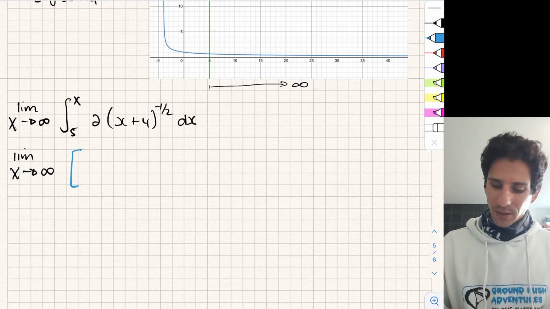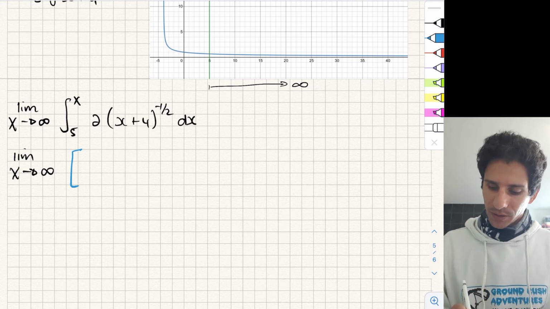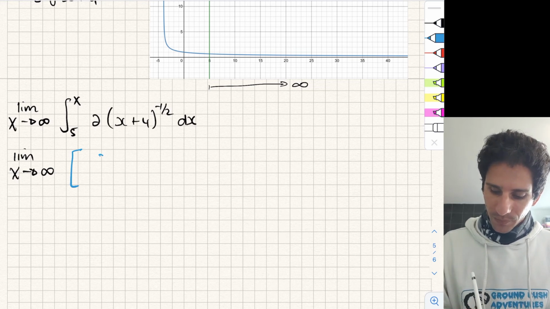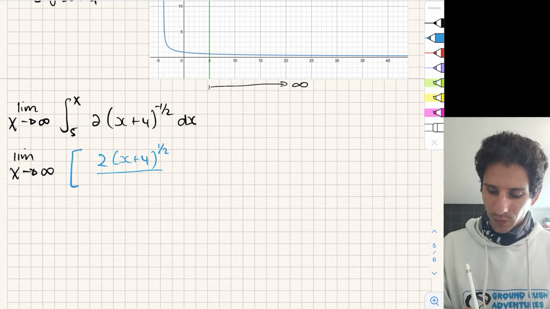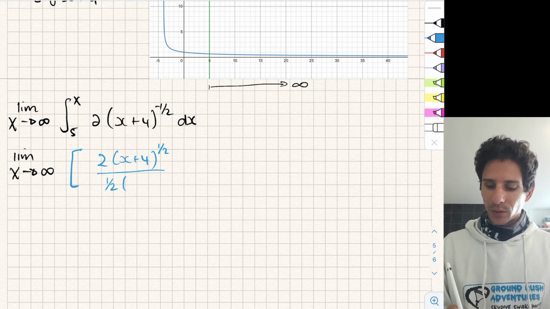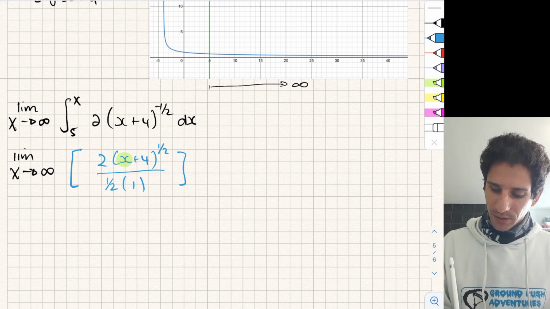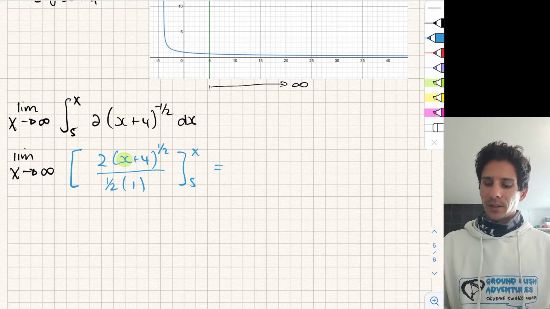So let's anti-differentiate. This is a reversed chain rule type. The first thing we do is increase the power by 1, so we get positive a half. We divide by the new power, and we also divide by the constant in front of x, which at the moment is just 1, from 5 to x. Let's tidy this up.